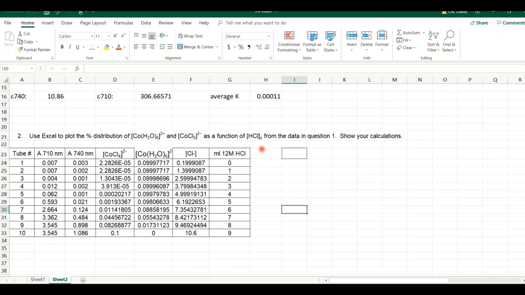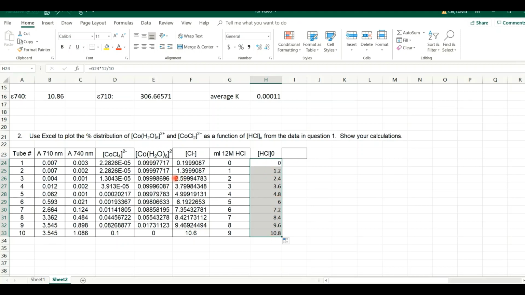To calculate initial hydrochloric acid concentration, let's add a column, and the concentration is calculated by the volume times molarity, which is 12, divided by 10, that's the volume of the solution in each tube. Copy paste. So this is the initial hydrochloric acid concentration.